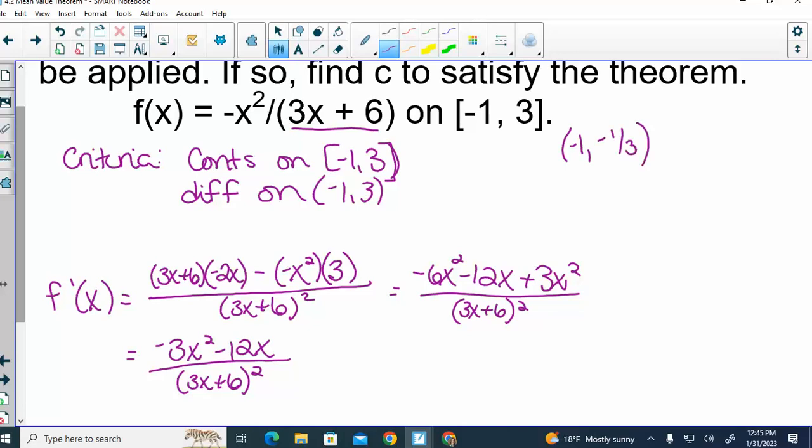Get negative 1/3. We plug in the 1. We plug in the 3. We get negative 9 over 18, which reduces to 3/5.